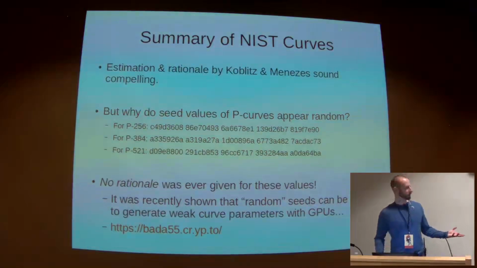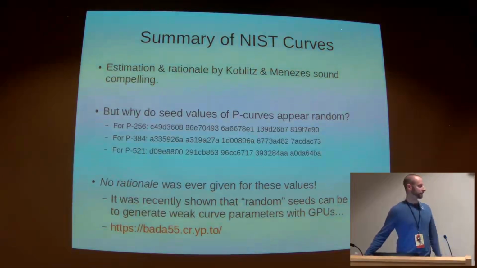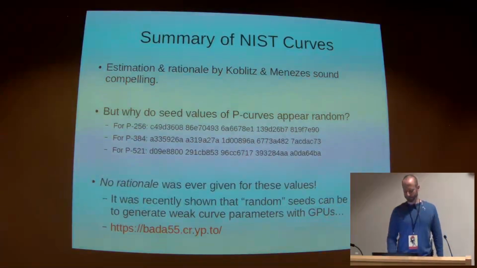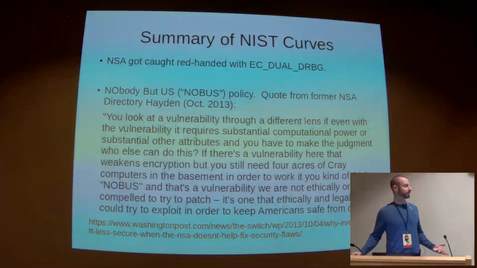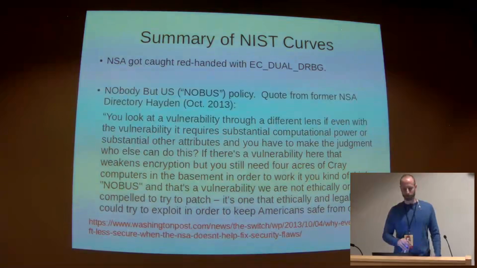And again, like I pointed out before, there's public code now. You can take a GPU farm and generate your own weak curves and then claim that they were random. And of course the NSA got caught red-handed. So it's another thing that really stands out.